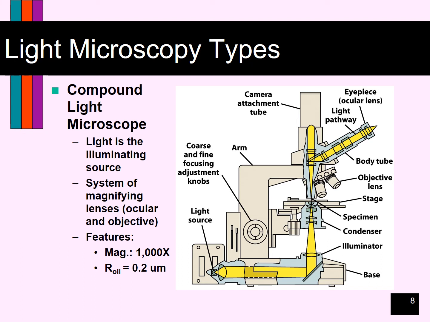So if we were in the lab, we could look at the objective lens for oil, the 100x objective, and on the side of that objective lens, we would see engraved the number for the numerical aperture, which would be 1.25.